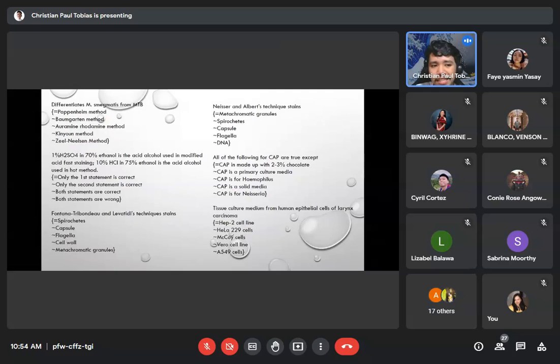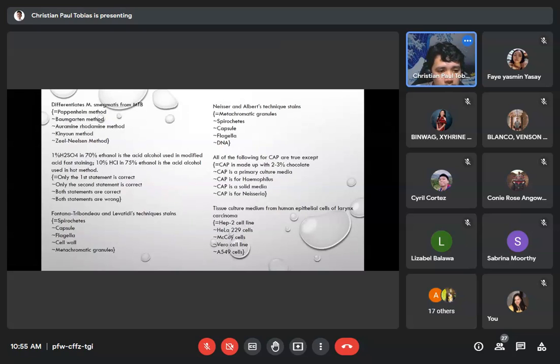Kinyoun method and Ziehl-Neelsen, Kinyoun or cold method, Ziehl-Neelsen or hot method, these are your acid-fast stain techniques. Right? So 1% H2SO4 in 70% ethanol is the acid alcohol used in modified acid-fast staining, which is correct. What makes the second statement wrong? In the hot method, it's not 10%. It's 3% HCl in 95% ethanol.